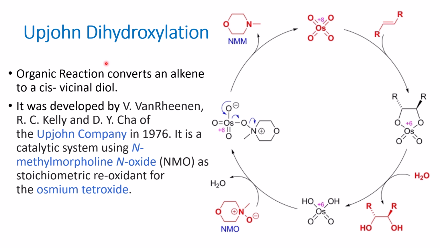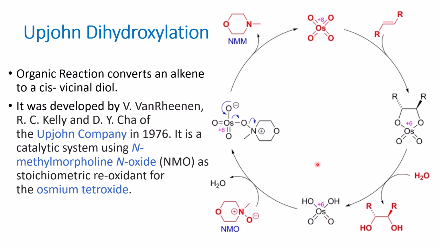Now this particular reaction where we are making use of NMO is actually called the Upjohn dihydroxylation. The reaction of osmium tetroxide with an alkene in the presence of NMO is called the Upjohn dihydroxylation reaction. It is named not after the scientist but after the company to which the scientist belonged. So it's very interesting. Here this cyclic scheme shows us how osmium tetroxide reacts with the alkene to form the intermediate, and the intermediate then results in the formation of the diol and osmium in the +6 oxidation state.